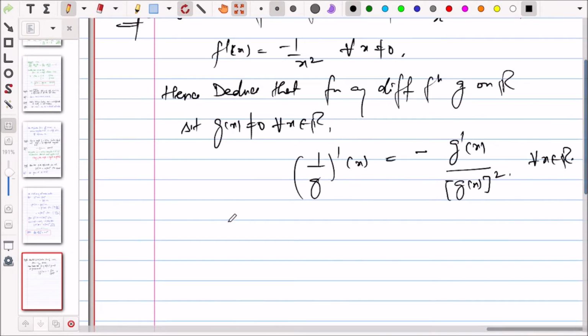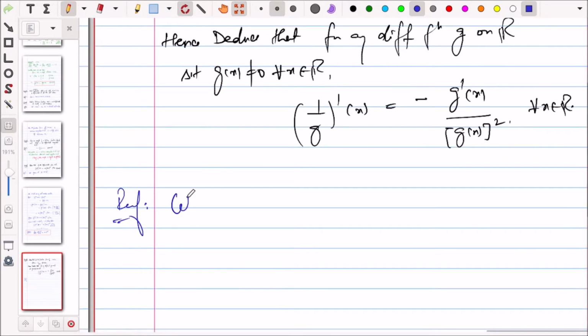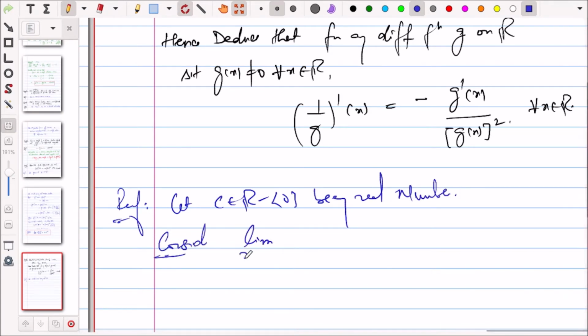Yes, how you will prove it, बताओ. First we have to prove that f dash x is equal to minus 1 by x square for the function f x equal to 1 by x. So let us start. Let c belong to R minus 0 be any real number. Consider limit x tends to c of f x minus f c upon x minus c.